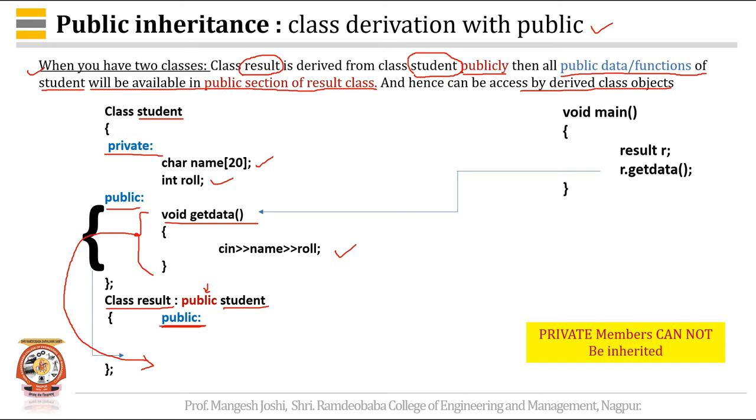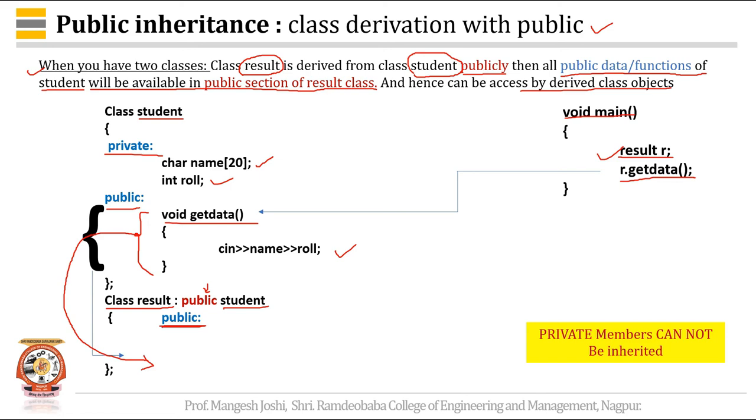You have already written the feature in the base class and you are reusing that feature or function in the derived class. Now in the void main function, I have declared an object of the derived class. Please focus. Here I have declared an object of the result class, which is the derived class, and I am calling r.getData.